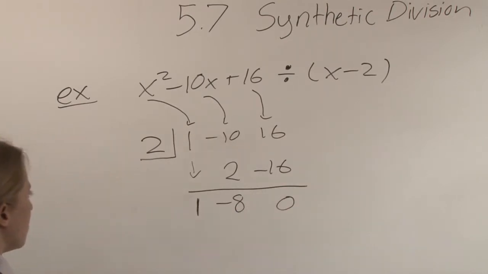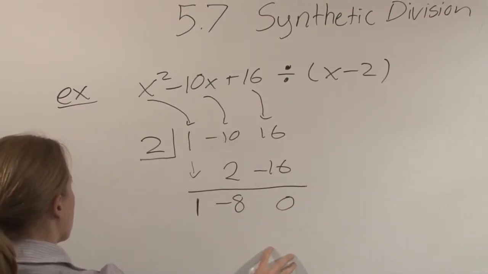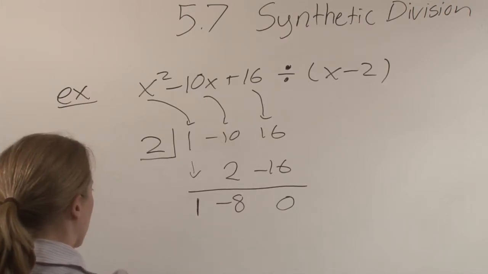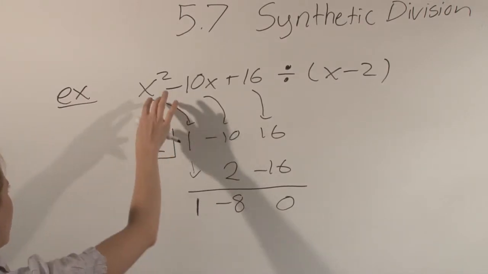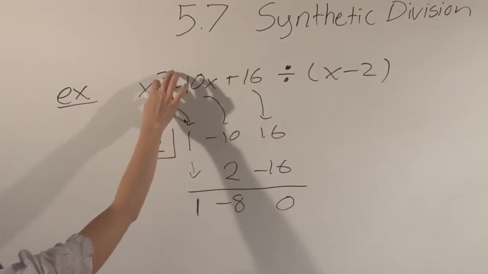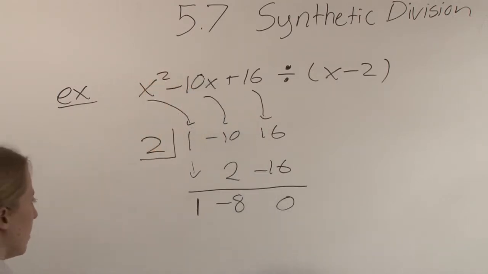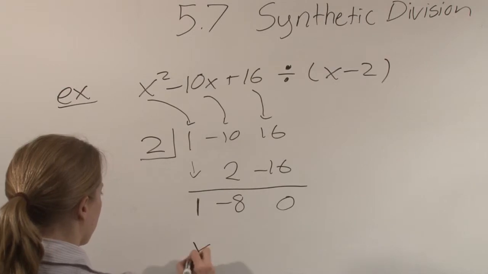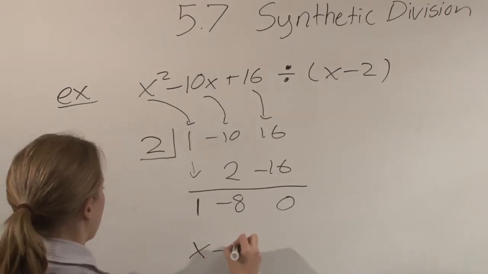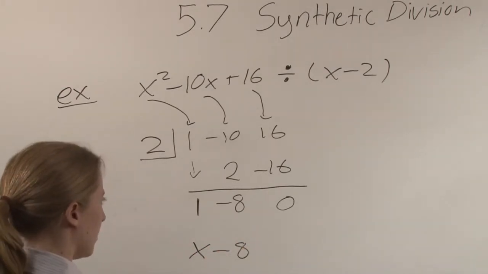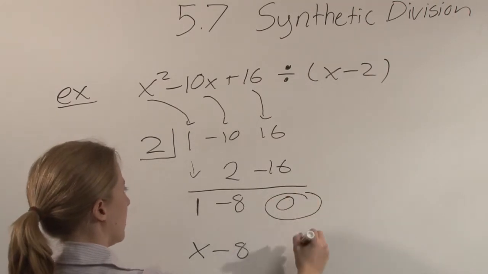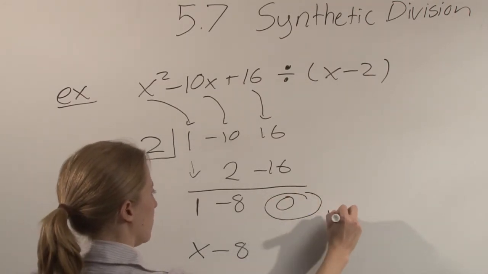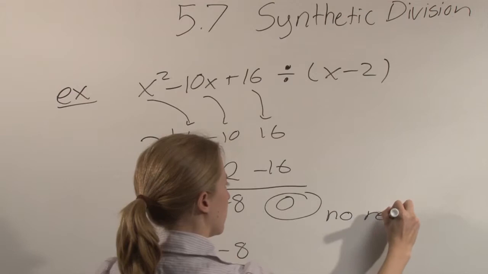So now what I do is I found the coefficients of my new polynomial. And the new polynomial is going to have 1 power lower than the original. So the 1 is going to go to an x. And then negative 8 is just going to be a number. And having a 0 here in this last space means that you have no remainder.